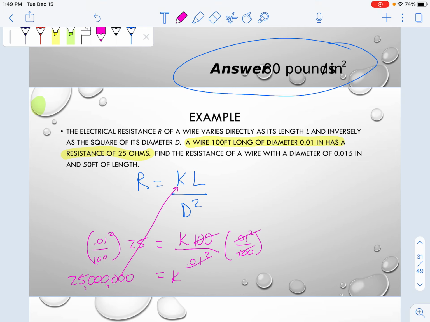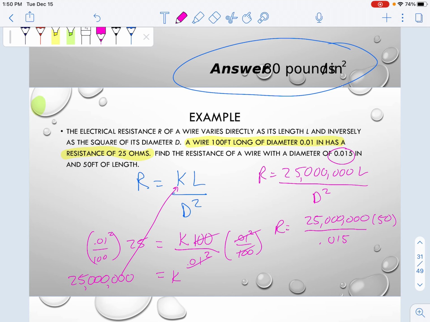Substitute that back in, and then plug in what you know. Find the resistance with the diameter of that and a length of 50.